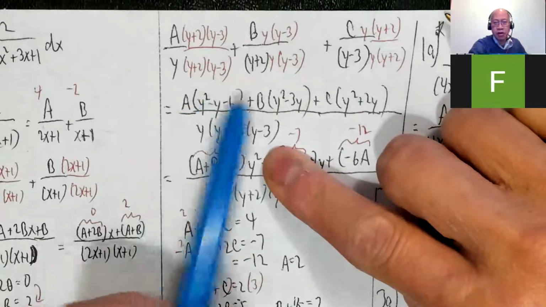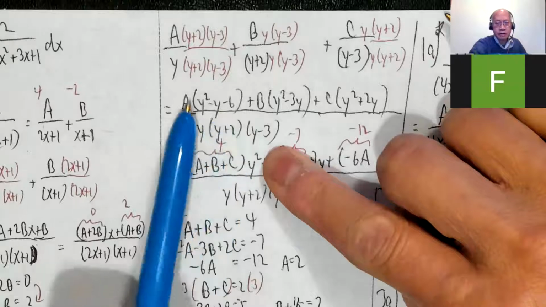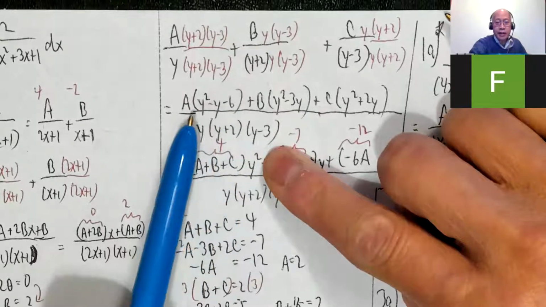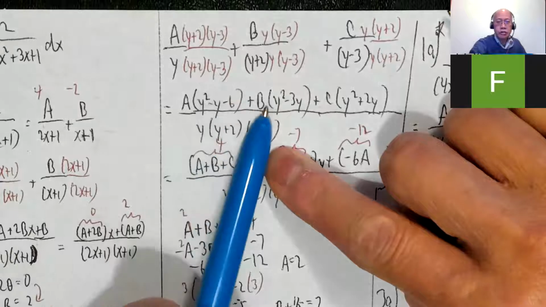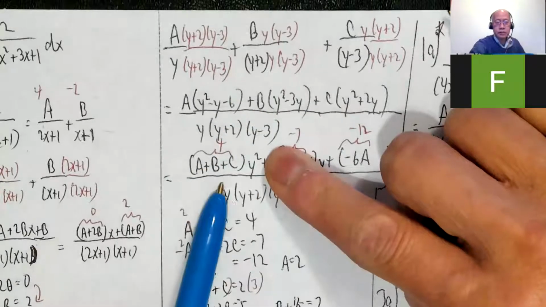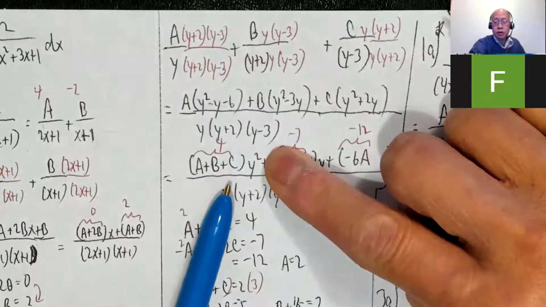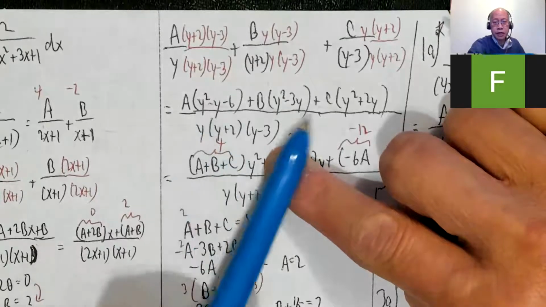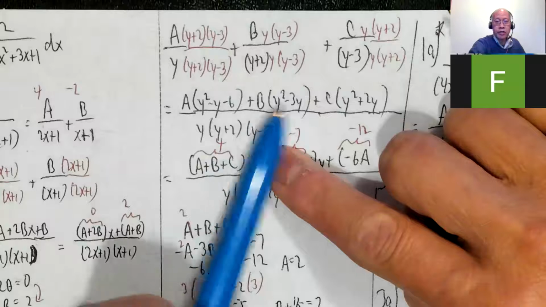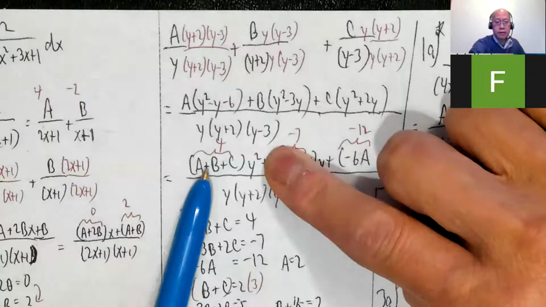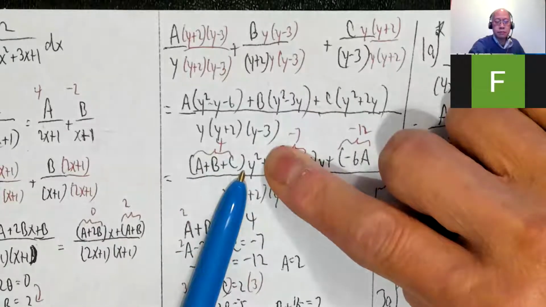I don't feel like writing this all out and then go back and factorize. Of course, if you were in my Algebra 1 class, I wouldn't go that fast, but you're in Calc 2, you should be able to follow the algebra, right? Ay squared, by squared, cy squared. So a plus b plus c, y squared.